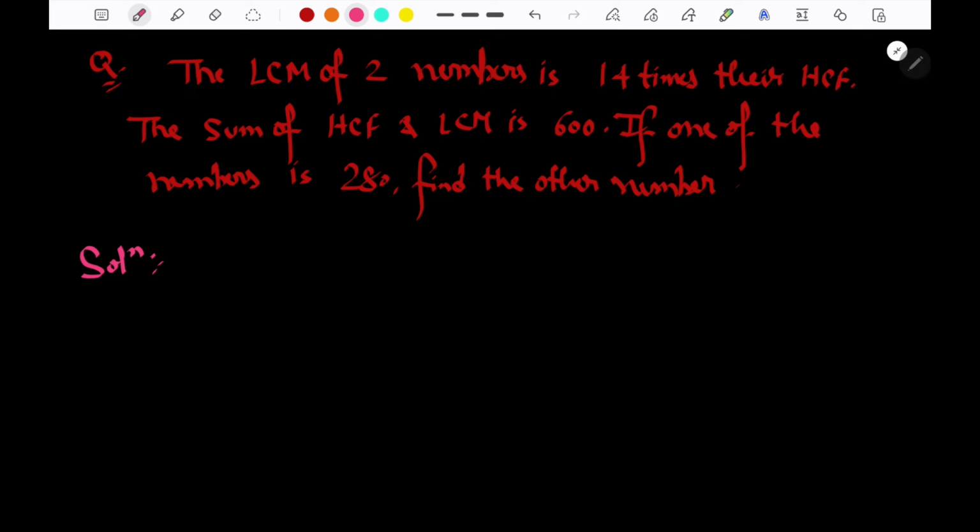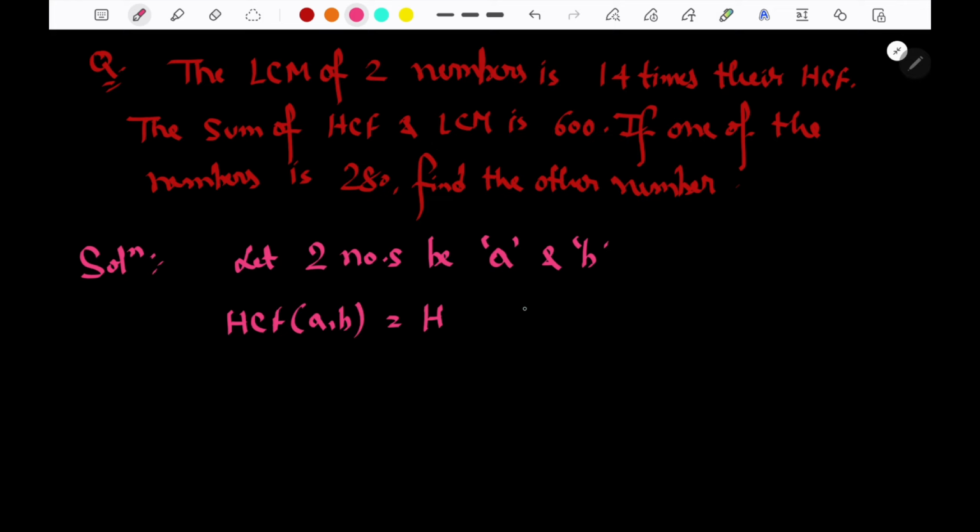That we can do, or we know there are 2 or 3 equations that are given. Let two numbers be A and B. Now what is given? HCF of A, B, let's say this as H, and LCM of A comma B, let's say this as L. Now according to the question, LCM of two numbers is 14 times their HCF.